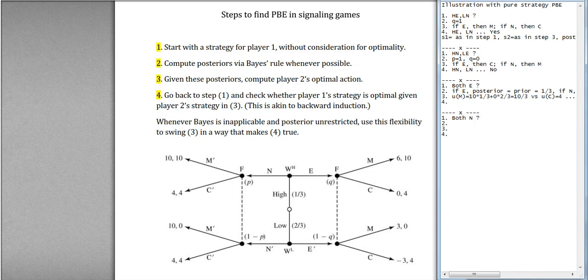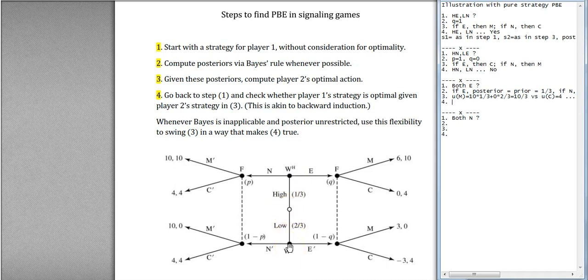All right, now we're going to verify that the strategy specified in step 1 is optimal. And we're going to exploit the fact that in step 3, one of the posteriors is unrestricted, because we're trying to support a positive answer for step 4. Let's take a look from the perspective of the not educated person, or the low ability person.